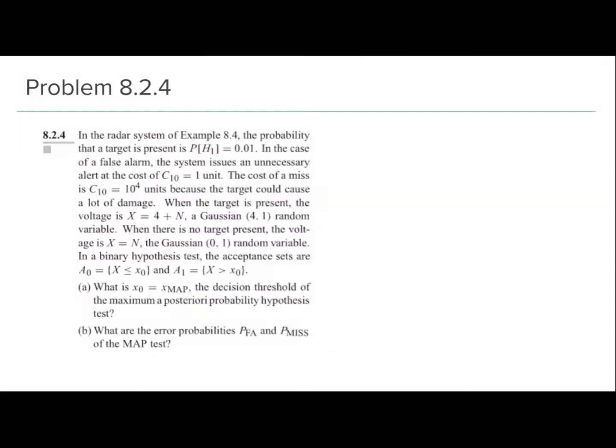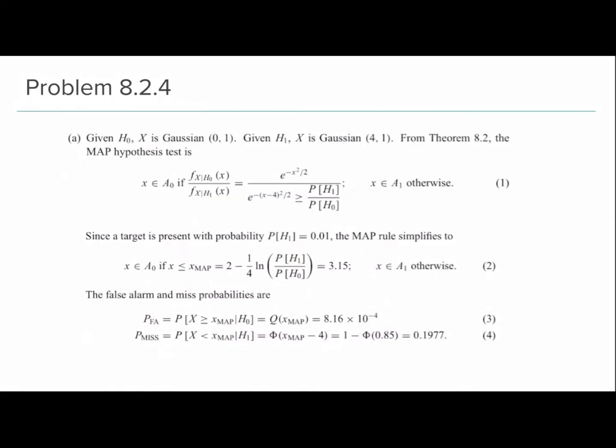For the first part, we have to find x naught equal to x MAP. We're given that given h naught, x is a Gaussian with mean 0 and standard deviation 1, and given h1, it is a Gaussian with mean 4 and standard deviation 1.